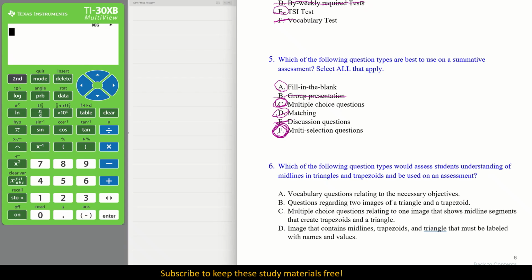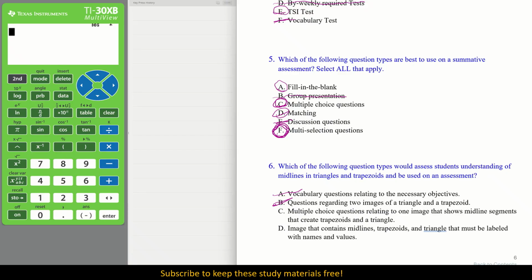Vocabulary is not going to help you with that at all. Let's look at B. Questions regarding two images of a triangle and trapezoid. No, that's not going to help you with the midline itself. And there are rules, you would have values, so that's not going to help.